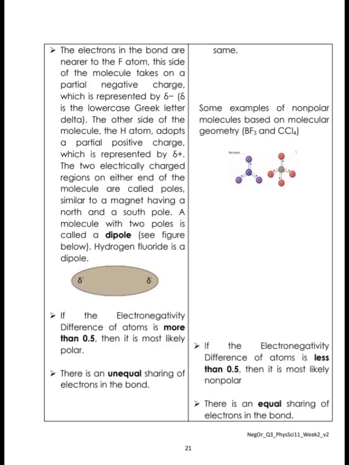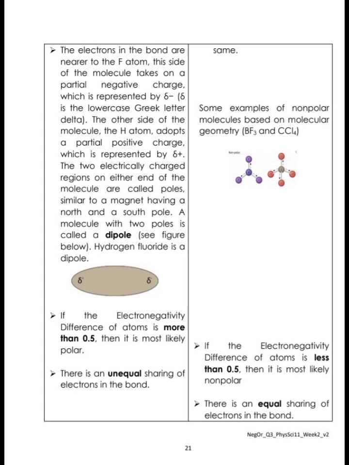In addition, in polar molecules such as HF, the electrons in the bond are nearer to the F atom. This side of the molecule takes on a partial negative charge, which is represented by delta negative. The other side of the molecule, the H atom, adopts a partial positive charge, which is represented by delta positive.